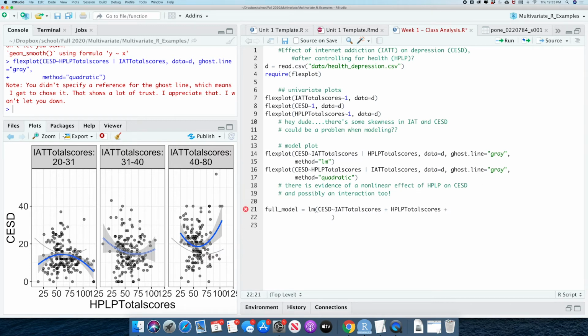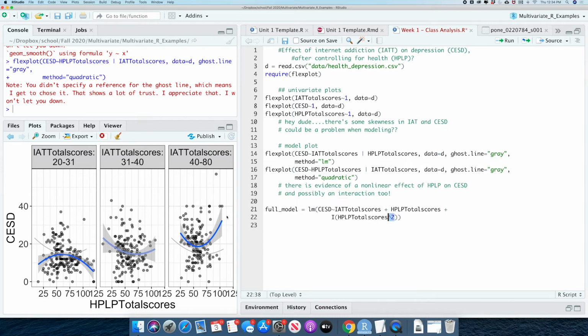So remember, we have this nonlinear relationship, so we need to tell R that we want to see a model of that. And to do that, it's actually a little bit awkward, and there's a reason for it. I'm not going to go into it, but we're going to go HPLP total scores squared.